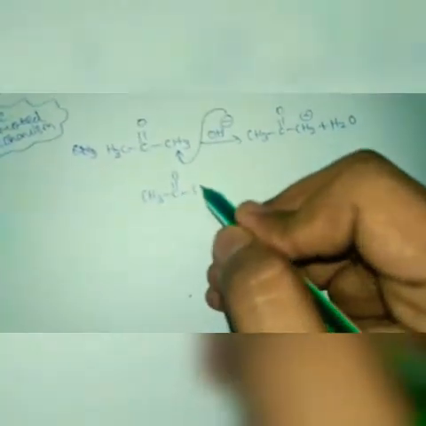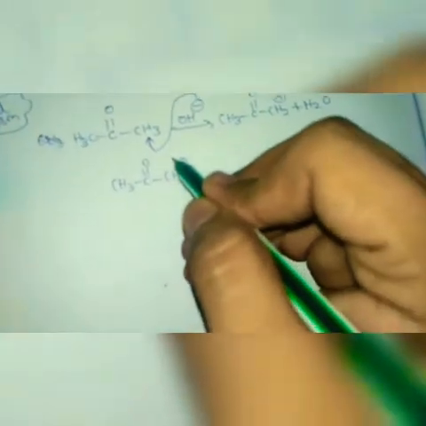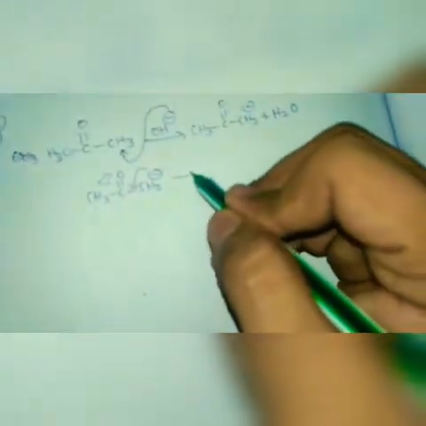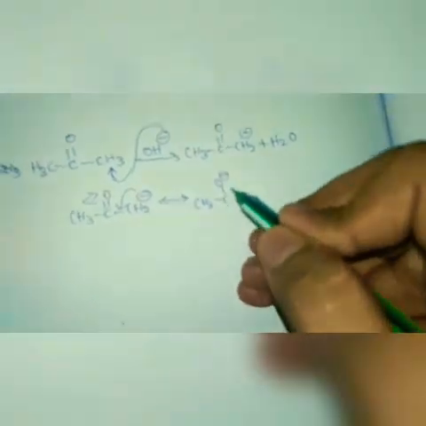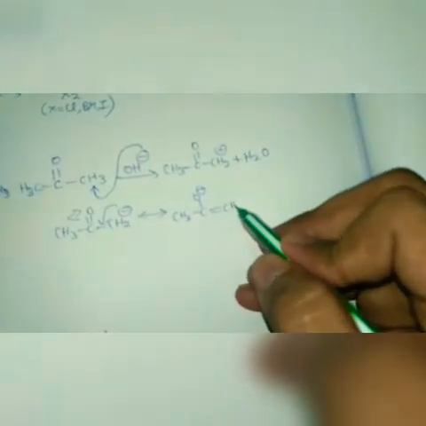So now comes the important part. See, this CH3 C double bond CH2 minus is actually a resonance stabilized ion, right? Resonance part goes like this. This also we have seen. This is where actually the enolization takes place.